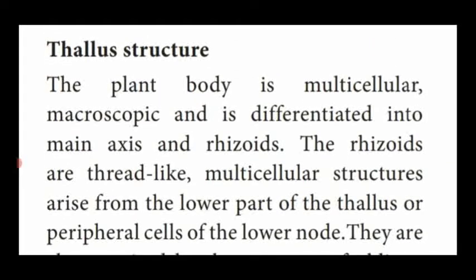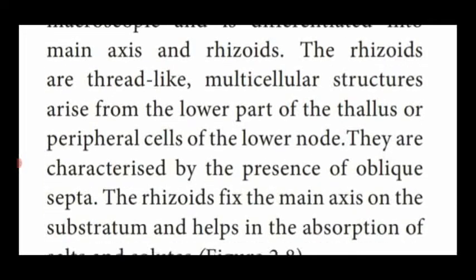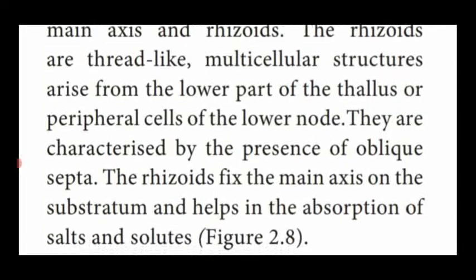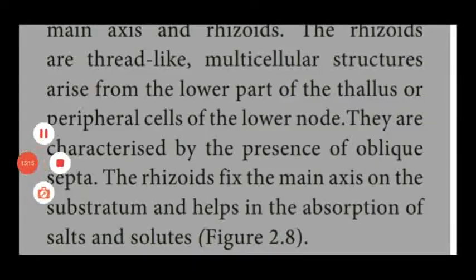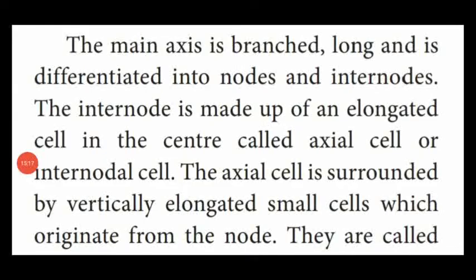So the plant body differentiated into main axis and rhizoids. We have seen only the characteristic feature of rhizoid. Next, we are going to see the characteristic feature of main axis. Dear students, the main axis is branched, long, and differentiated into nodes and internodal region.